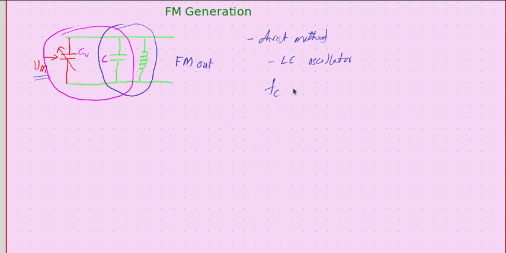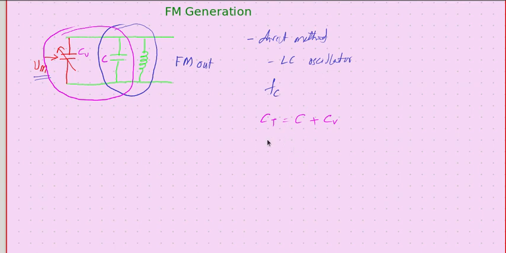So we have a total capacitance, which is our constant capacitor used to build the tank circuit, plus the variable capacitor, which we are going to get from a device whose capacitance can be made to vary according to the modulating input voltage.